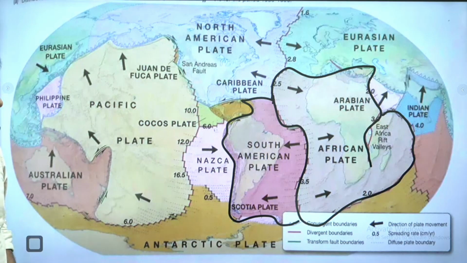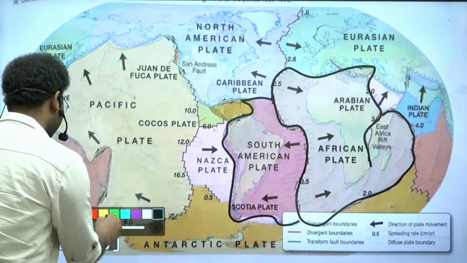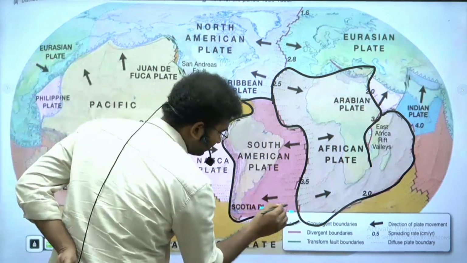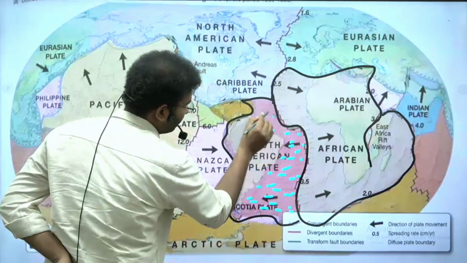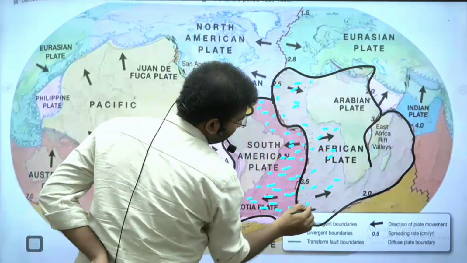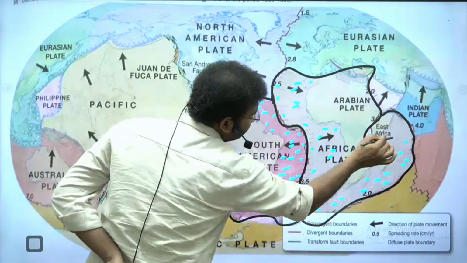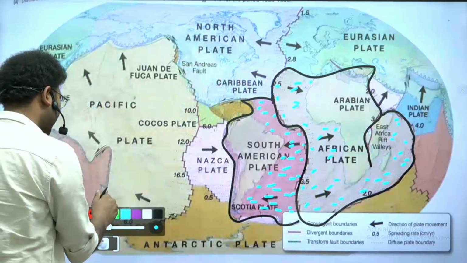Okay? Do you have ocean here? Yes? Isn't it your ocean? That means a plate can be made up of both the continents and the oceans.